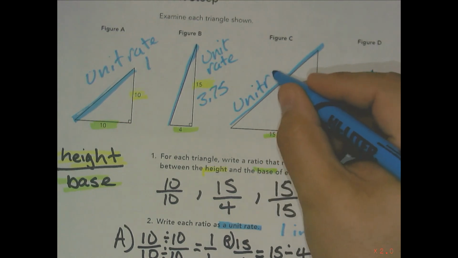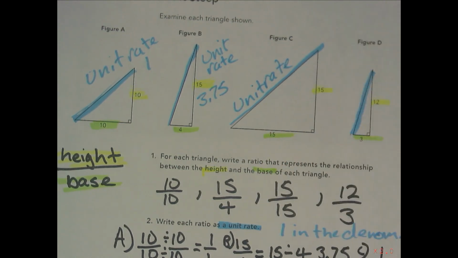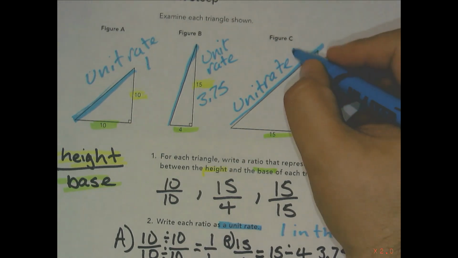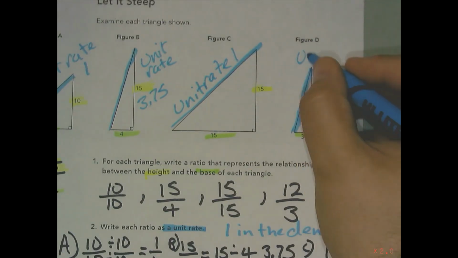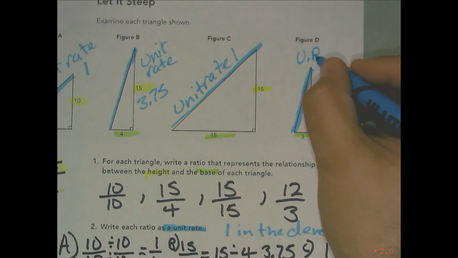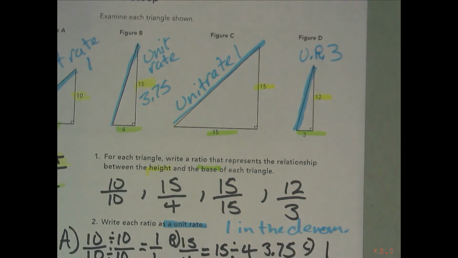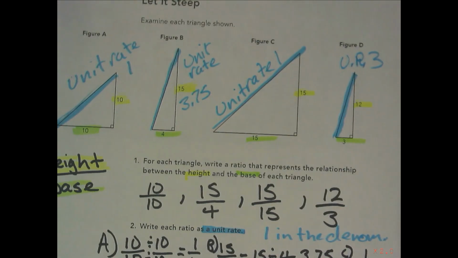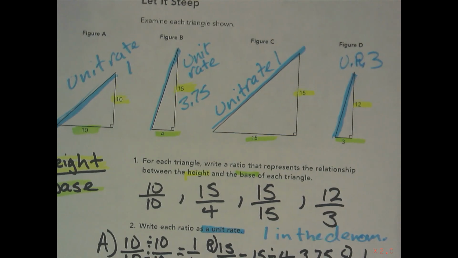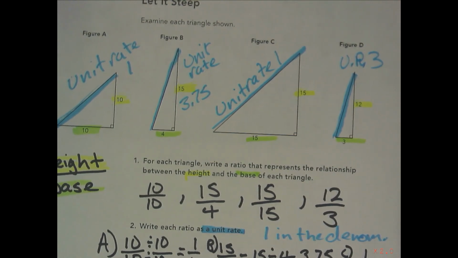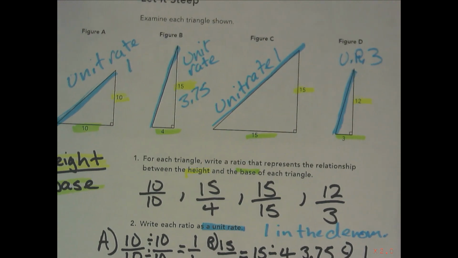This one has a unit rate of 1. And then this one has a unit rate of 3. So if you were to say B based on the unit rate, would you be correct? Yeah, the steepest one is the one with the greatest ratio.